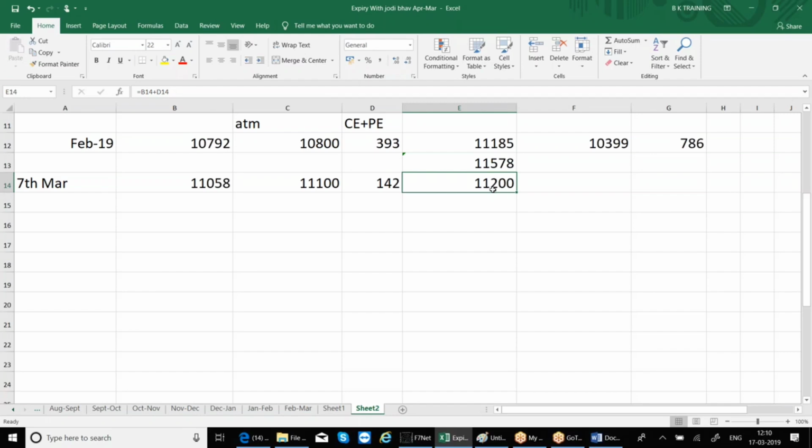Means this point is a resistance for the week of 14th March. 14th March expiry. Right? अगर इसने इसको ब्रेक किया तो किधर जाएगा? 142 और ऊपर जाएगा, राइट? 142 और ऊपर जाएगा, which becomes 11,342. Am I right? 11342, right?